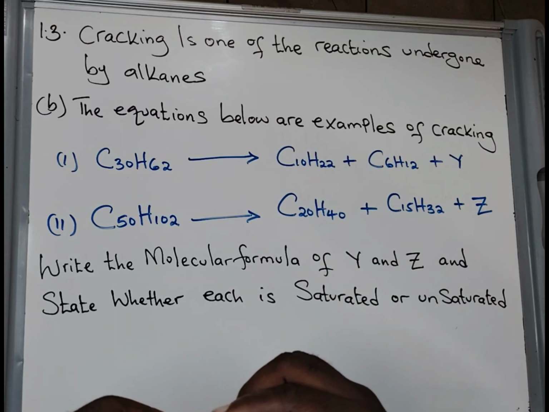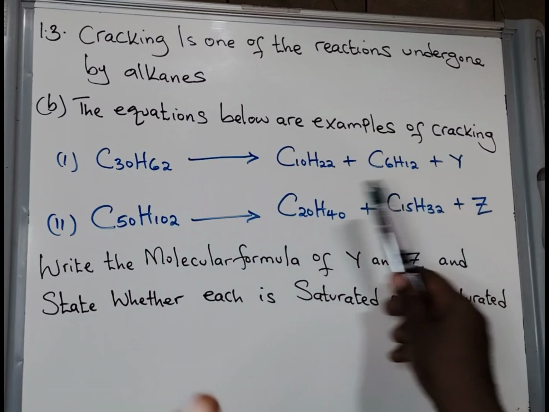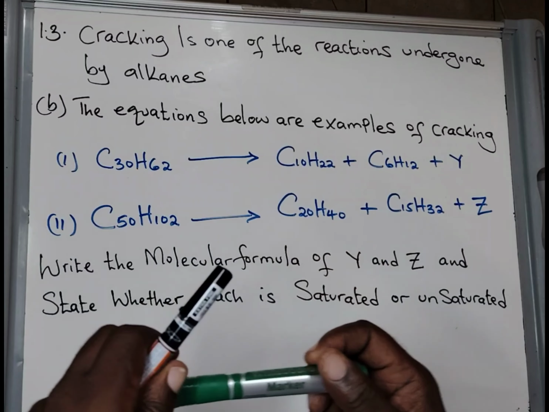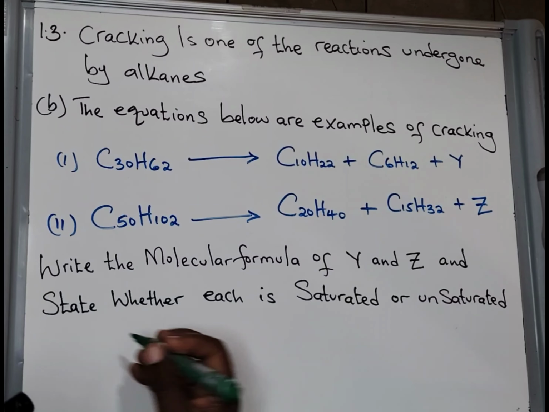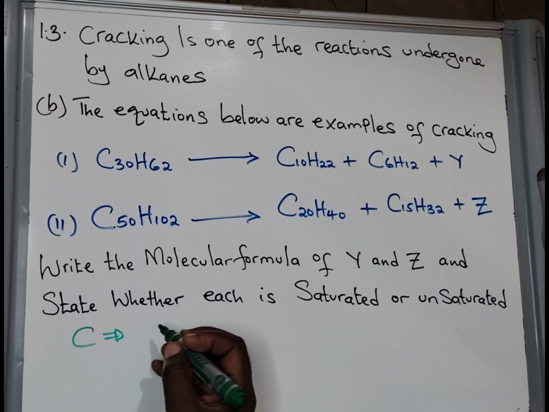Now, to assess what Y is, you need to know that there's no loss of carbon and there's no loss of hydrogen. So the equation must balance. So we come to carbon.